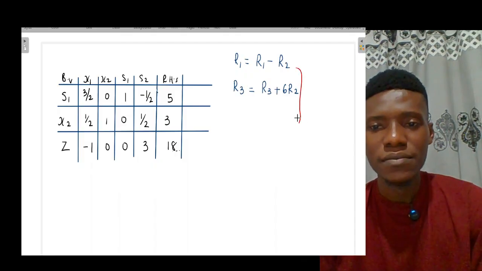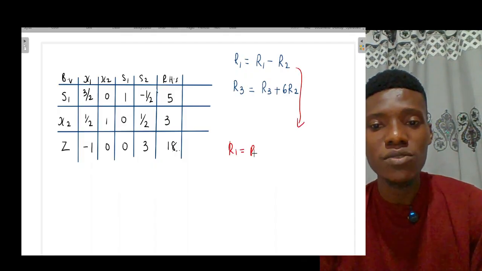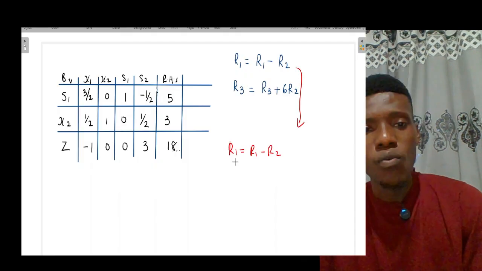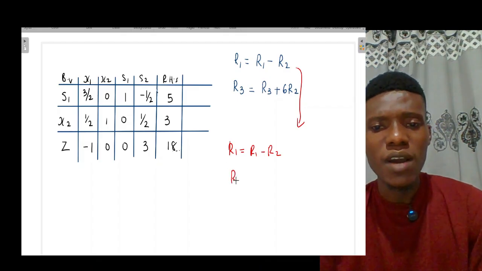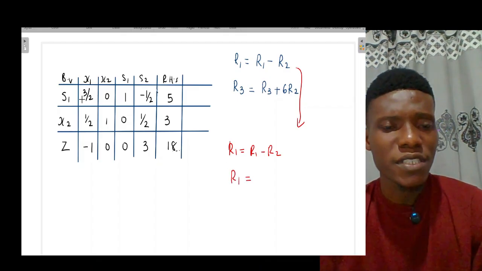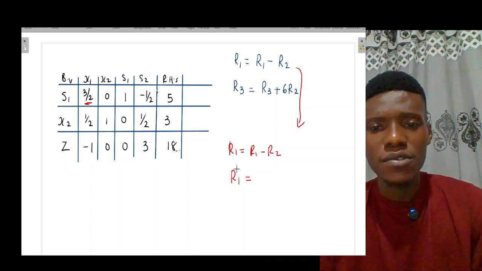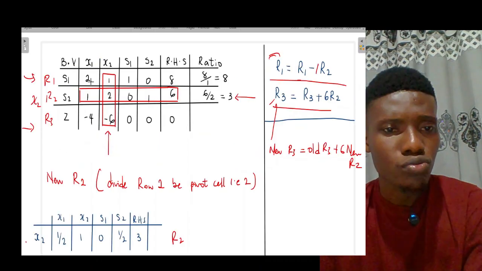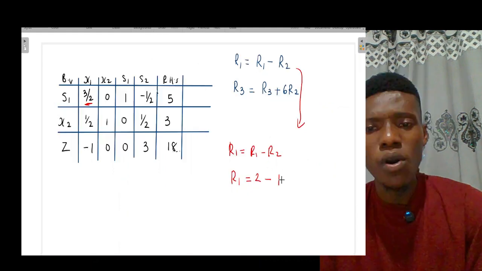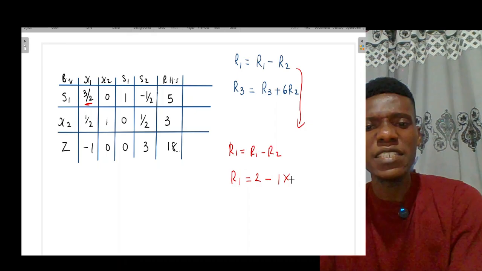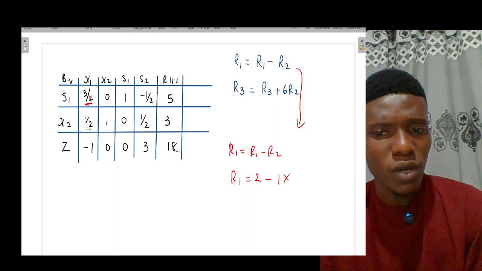Using this R1, we said that R1 is equal to R1 minus R2. What is the new R1 for this part? Don't forget, this is the R2 that we generated earlier. So R1 now is the old R1, which is 2, minus 1 times the new R2, which is 1 over 2.